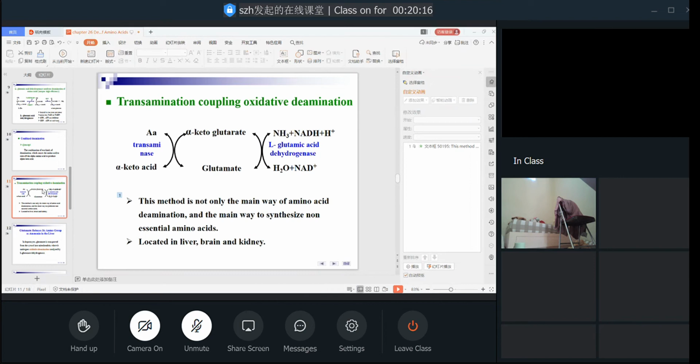This method is not only the main way of amino acid deamination, but also the main way to synthesize non-essential amino acids. This is located in the liver, brain, and kidney, especially glutamate dehydrogenase, which has higher activity in the liver, brain, and kidney.